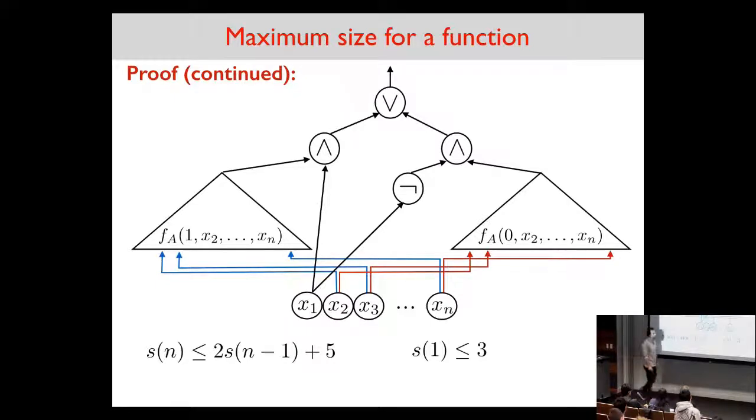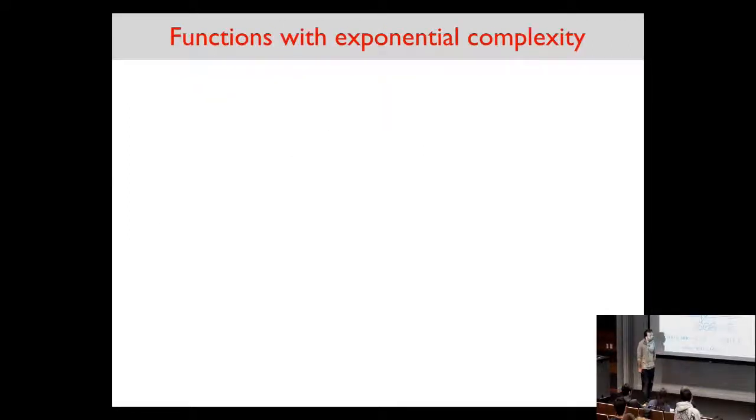You can check that for input length 1, it's at most 3. And then S(n) is easy to solve, it's big O of 2 to the n. So that tells us that we can compute every function in exponential size.